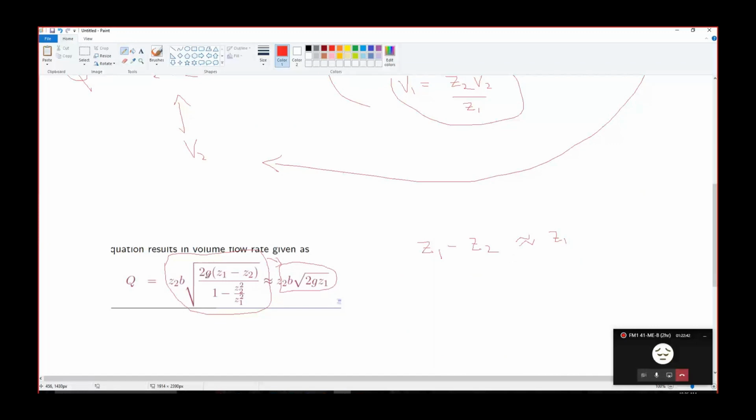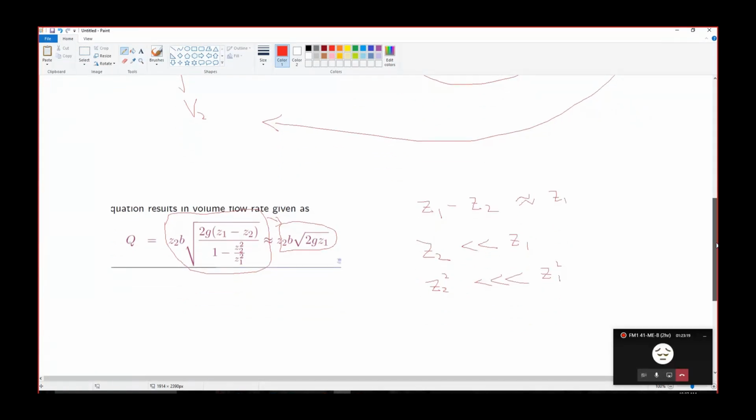So we can simply write Z1 minus Z2 equal to Z1. Clear? Based on this, Z2 is very, very small compared to Z1, which means Z2 square would again be very, very small compared to Z1 square.